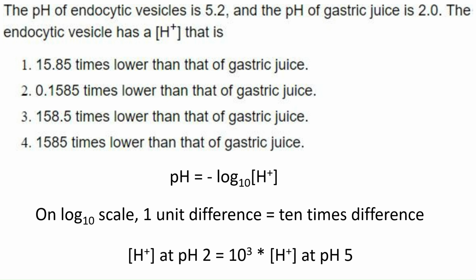And because the pH is the negative log, that means higher the H plus ion concentration, lower will be the value of pH, and higher the value of pH, the H plus ion concentration will be lower. So now from these calculations, we don't even need to get the exact number. Any number that is in the scale of 1000 will be our answer, which is in this case option 4.